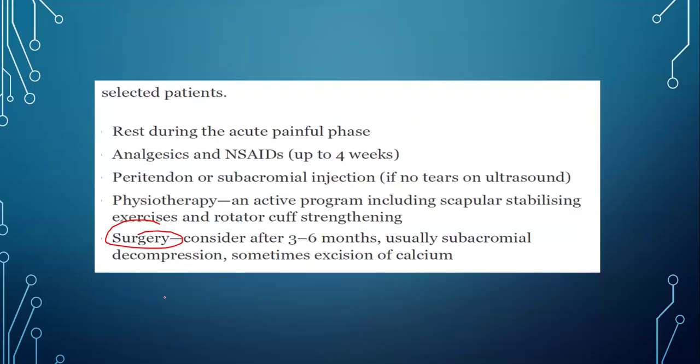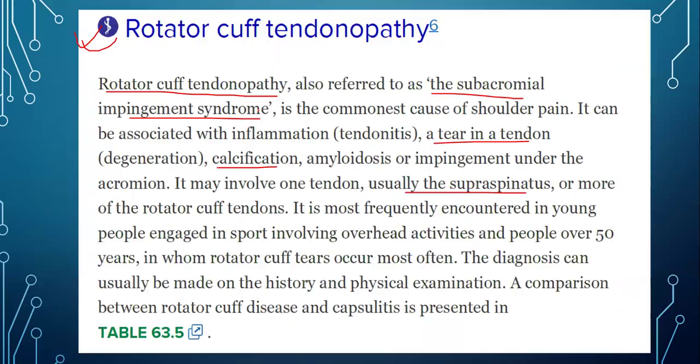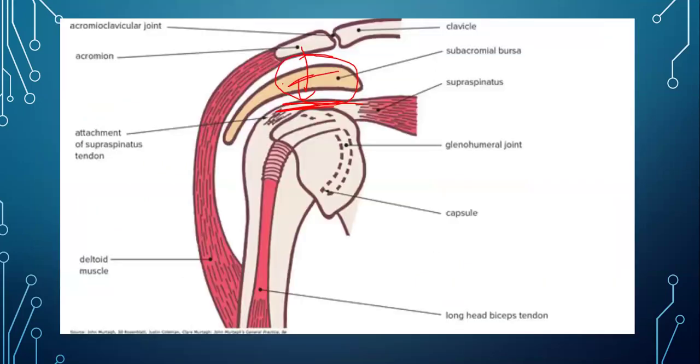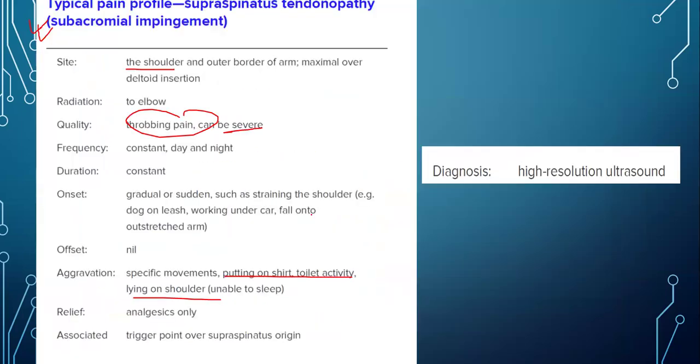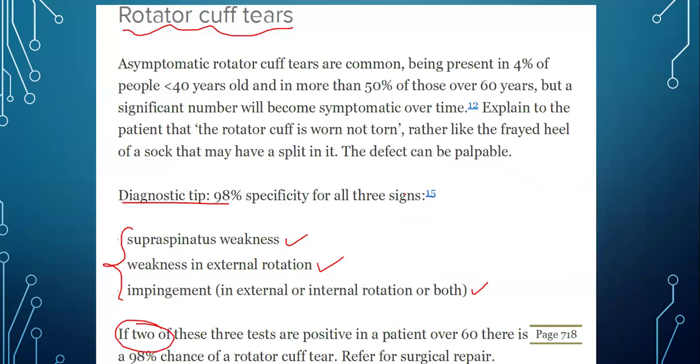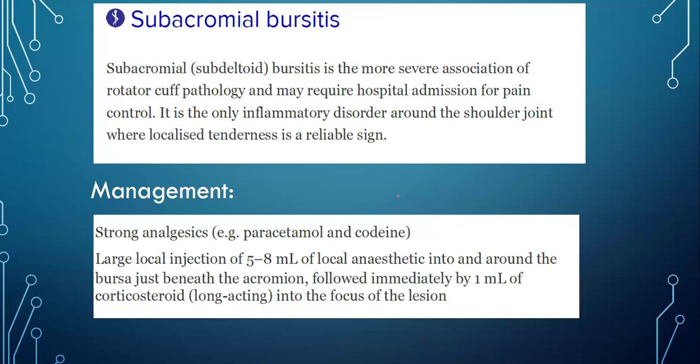Sometimes the subacromial bursa, if you see over here, this is the subacromial bursa, can get inflamed and can give a similar kind of shoulder pain. When you do the ultrasound you will be able to say if it is bursitis. For bursitis, there will be a localized tenderness.